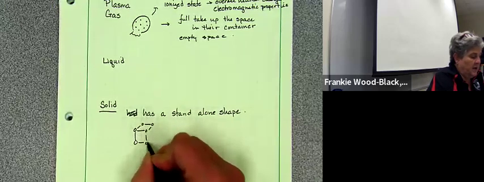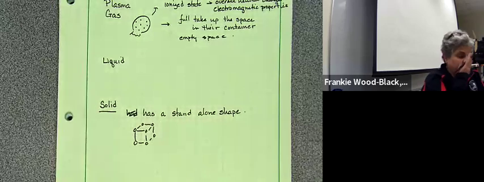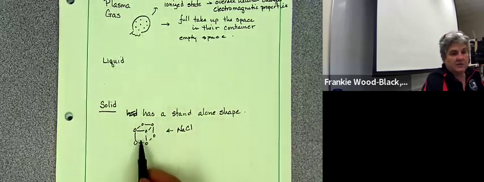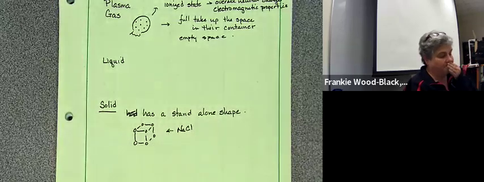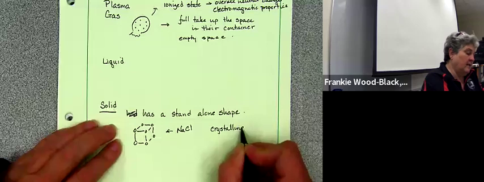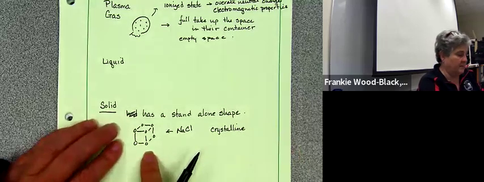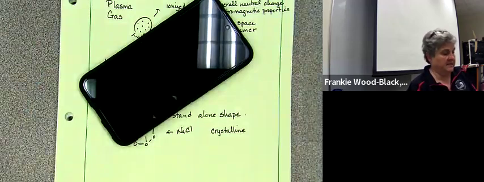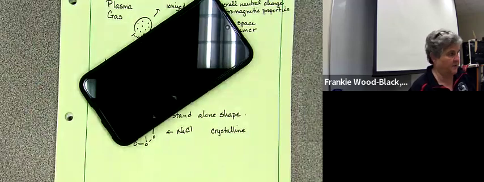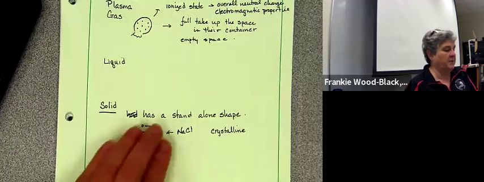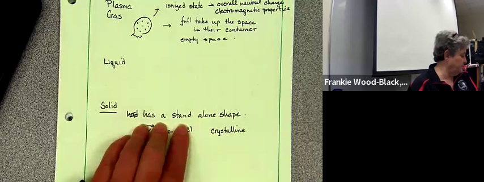So if I were to build a salt, good old sodium chloride, I know that my atoms are going to be in this nice crystalline structure, and it's going to behave in a certain way. That's usually how we think of solids. However, my cell phone is a solid. It doesn't have a normal crystalline shape, but I do have my cell phone as a solid. We know a piece of wood is going to be a solid. So we typically think of a solid as having a standalone shape.